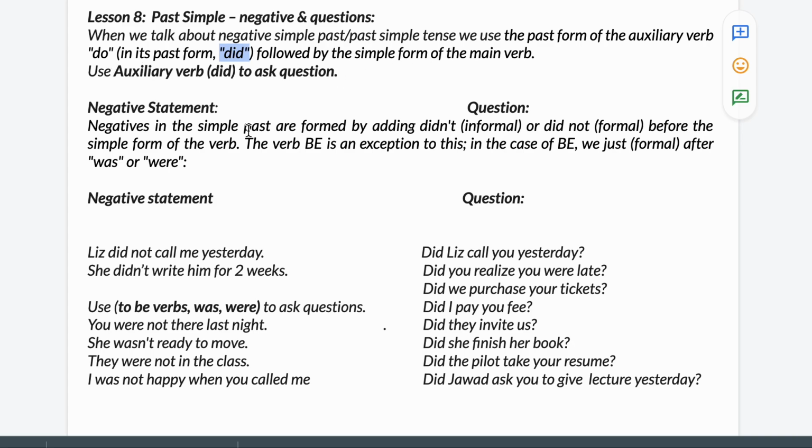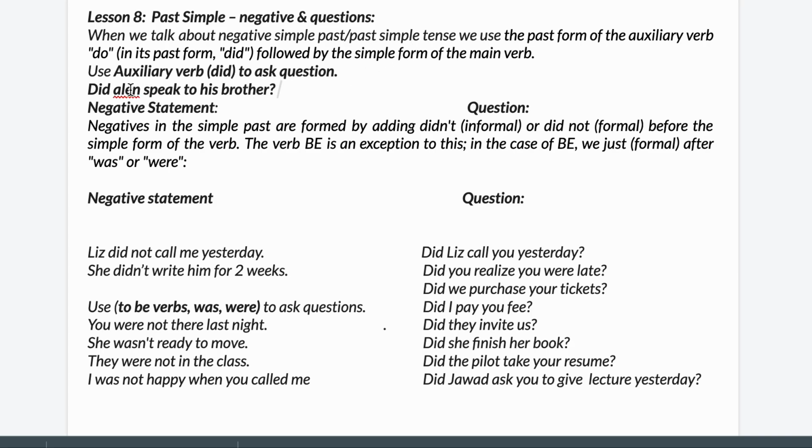Now, when we use did at the beginning of our sentence, how do we do it? I'll give you an example. Did Alan speak to his brother?